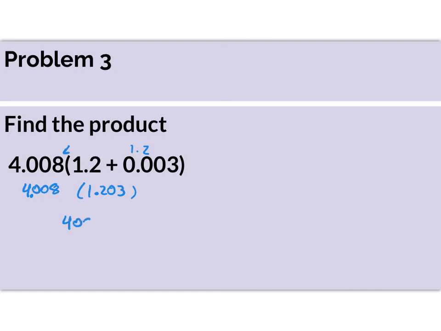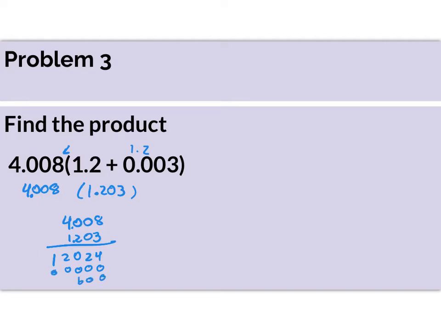Okay, 4,008 times 1,203. Okay, this is going to be a lot. So 3 times 8 is 24. 3 times 0, 12, 0. I'll just write all the zeros in for you.